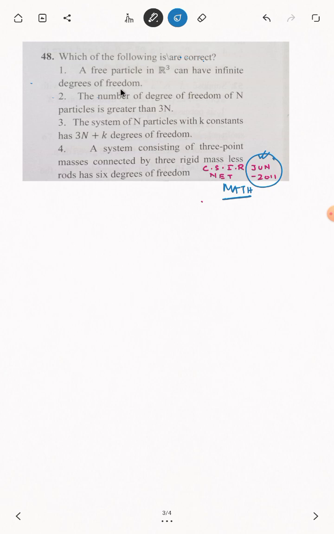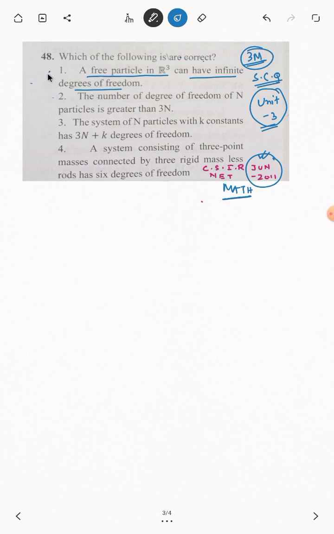Now we see one by one. This is also an SCQ, single choice question, so only one option is correct. A 3-mark question, as you know, in CSIR NET Math. This is from Unit 3. Unit 3 is heavily based on applied maths, and here you can see questions from classical mechanics. A free particle in R3 can have infinite degrees of freedom.